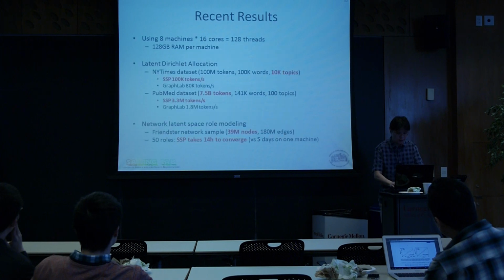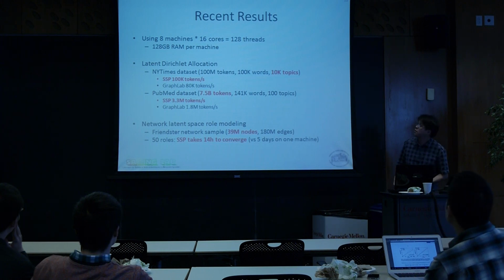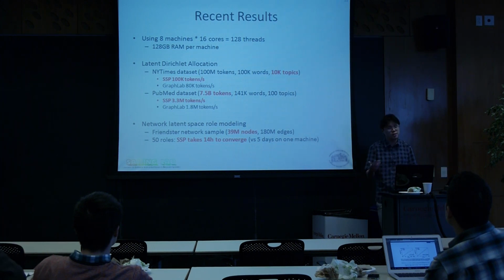So in terms of what this system can actually do, what problem sizes and data I can scale to, we've taken some recent results where we use 8 machines times 16 cores equals 128 threads. Each machine has about 128 gigs of RAM, so in aggregate, all the machines together have about 1 terabyte of RAM.